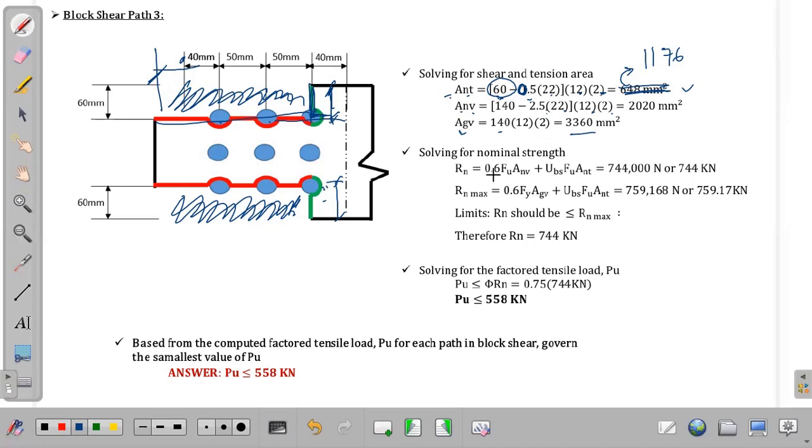Okay? So kindly solve again for the nominal strength, Rn. Kasi may napalitan na 1176. Kindly solve for the value of Rn. Maki-solve yung value ng Rn natin. You just have to substitute the value.